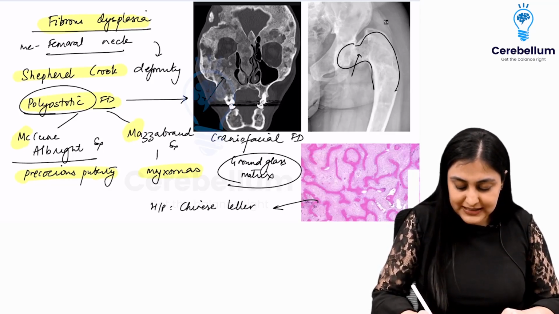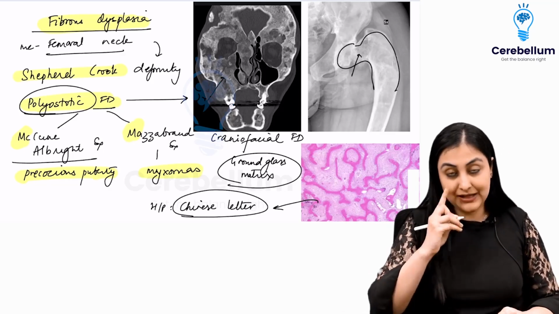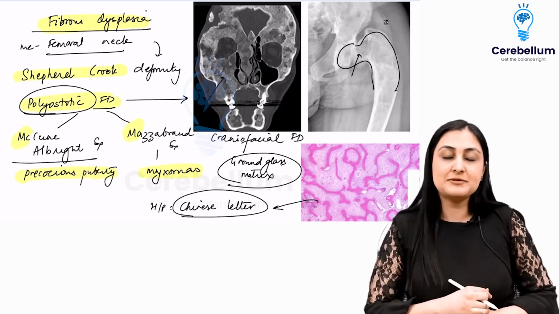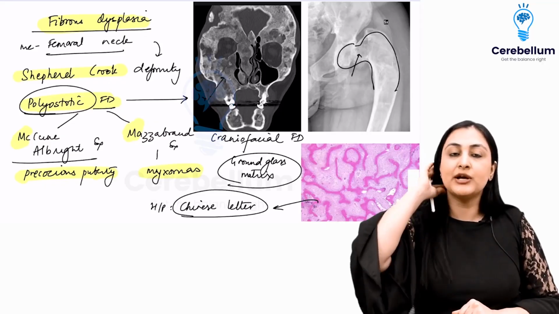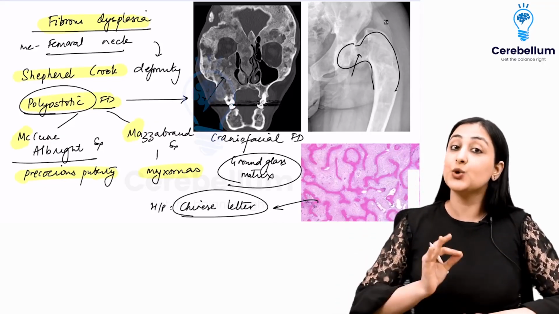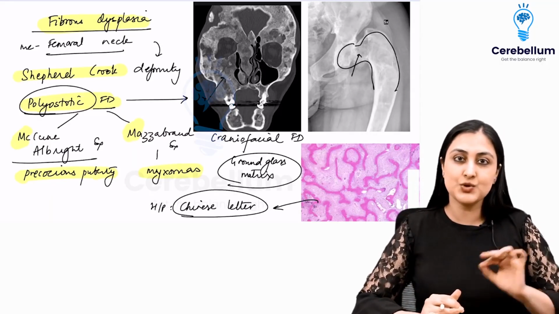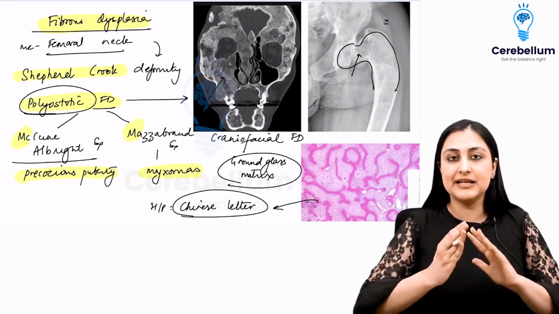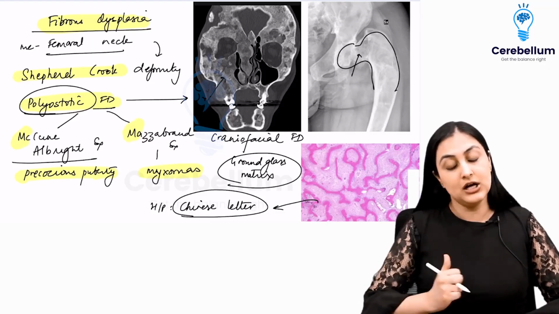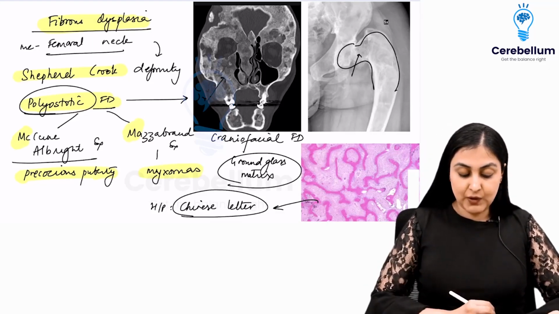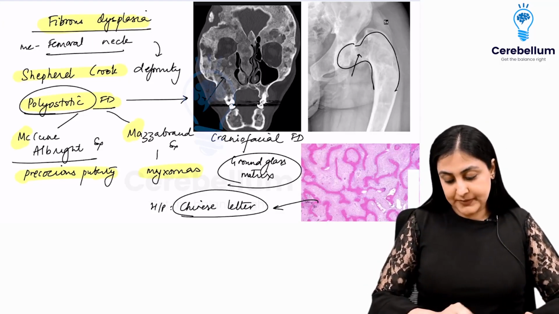So this is your Chinese letter appearance on histopath of this fibrous dysplasia. With this, you can also recall Chinese letter also seen in Corynebacterium diphtheriae, right? So in diphtheria also you have the bacteria being arranged in a Chinese letter arrangement, okay? So this is about fibrous dysplasia.